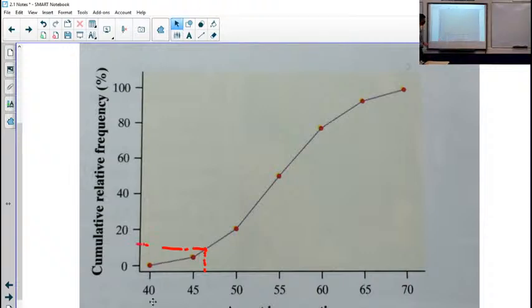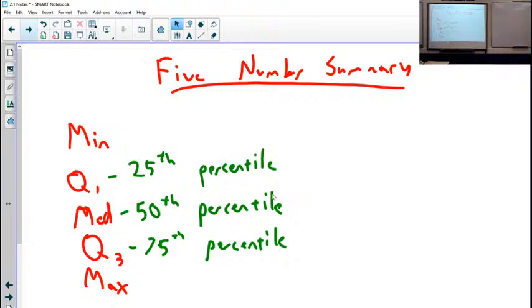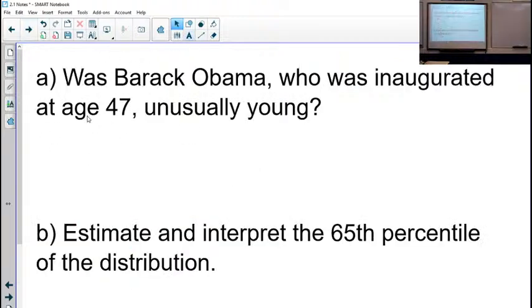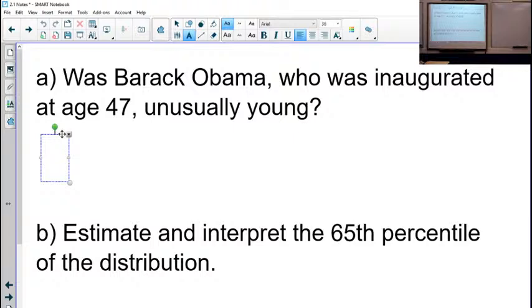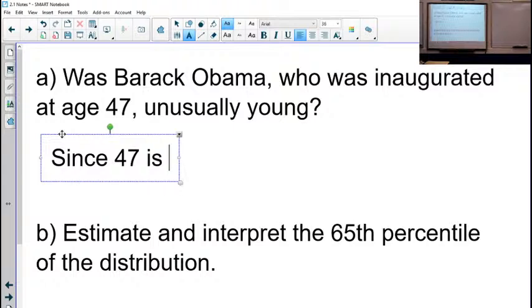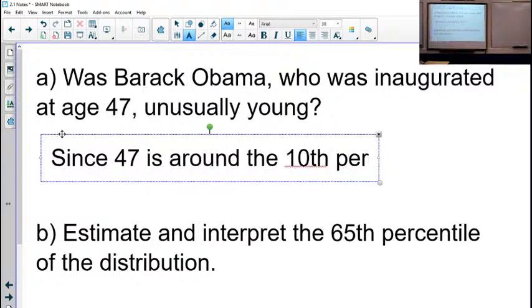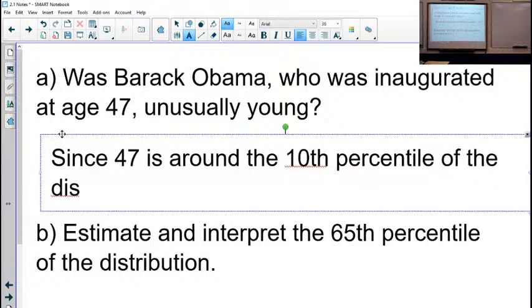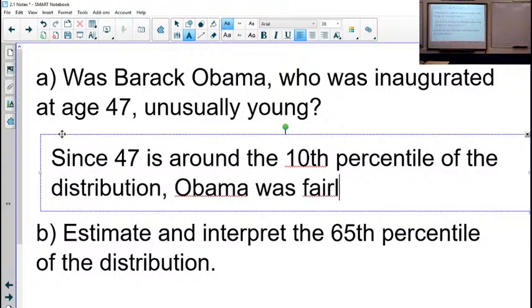We look and we see that since 47 is around the 10th percentile of the distribution, Obama was relatively young for a president at inauguration.